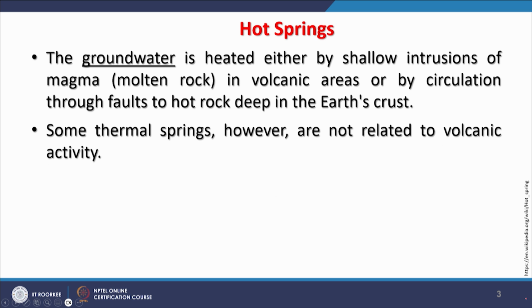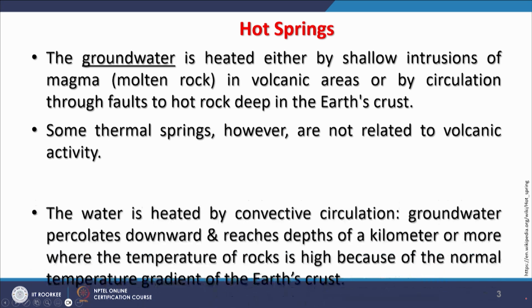So, some thermal springs, geothermal springs or hot springs are not all the time related to volcanic activity. They might be just because of tectonic activity, that is the fault.